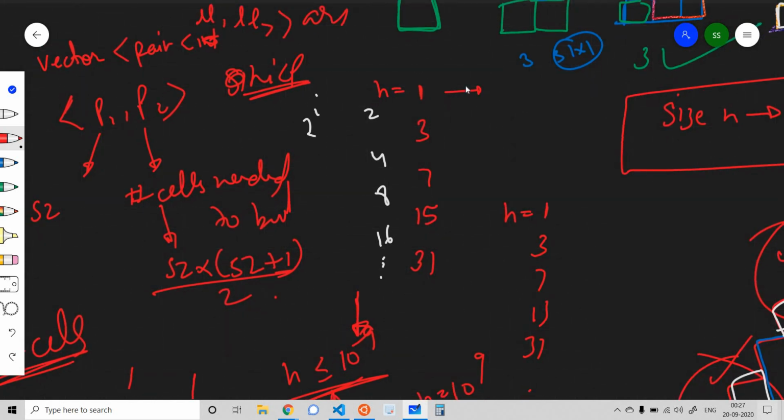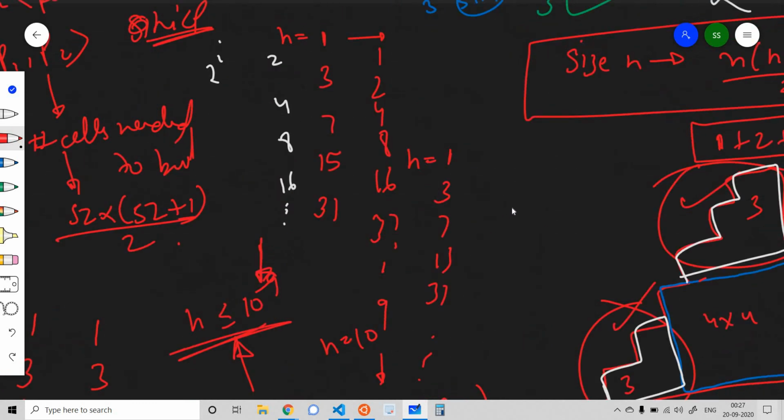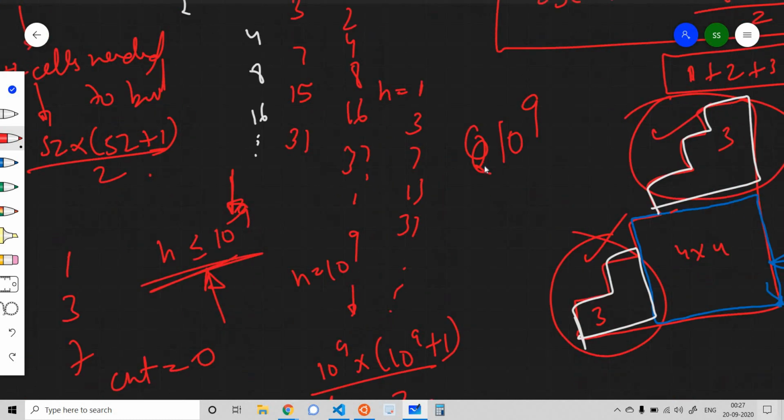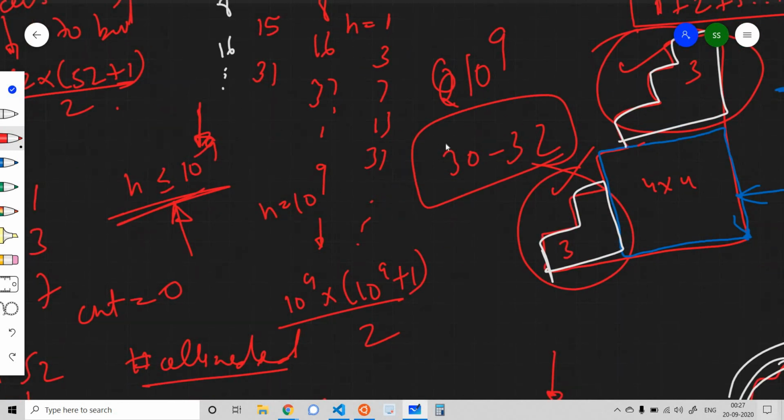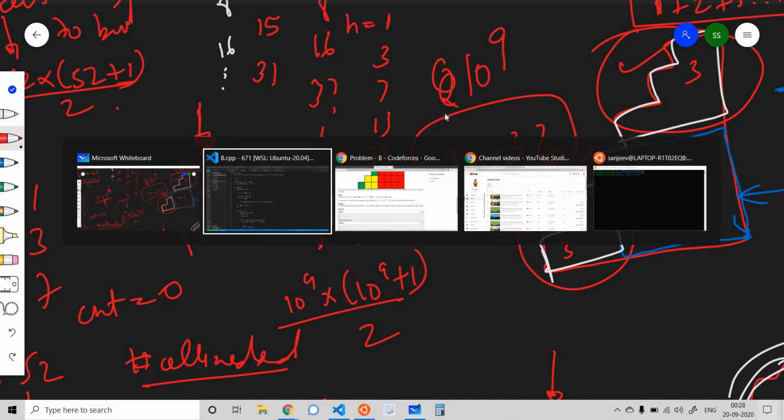So gap is initially 1, then it becomes 2, then 4, 8, 16, 32, and so on, and we need to go to 10 to the power 9, so at most it will take around 30 to 32 values only, as we are increasing the gap by this much amount every time.